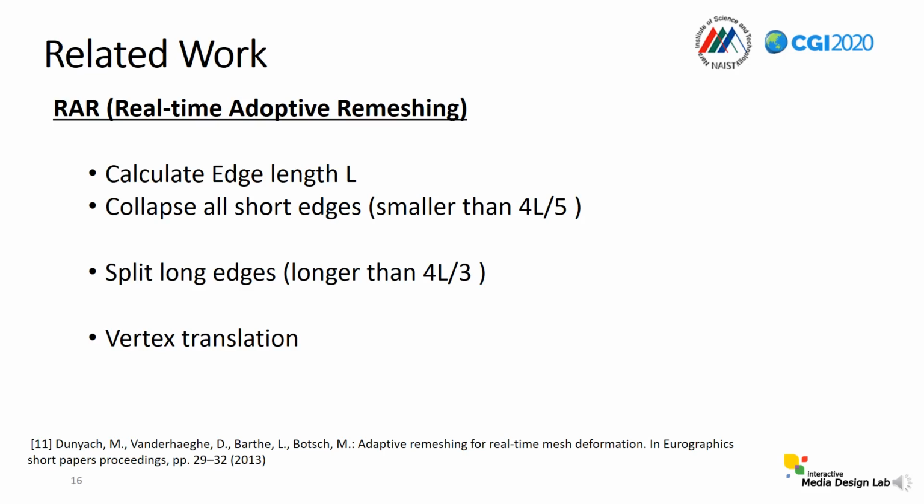It also has a vertex translation module. So this is a very efficient method. It can even be applied to real-time remeshing. However, it also has some problems such as regularity, and sometimes it fails with sharp features.